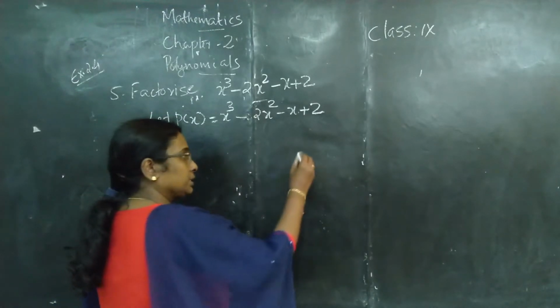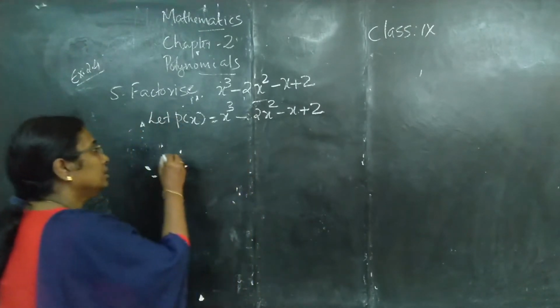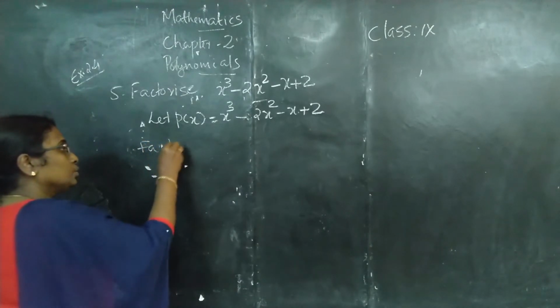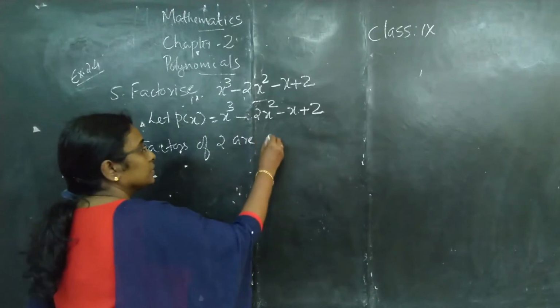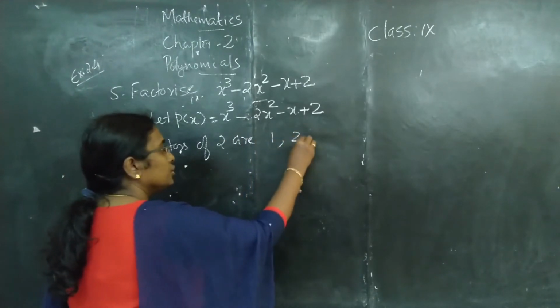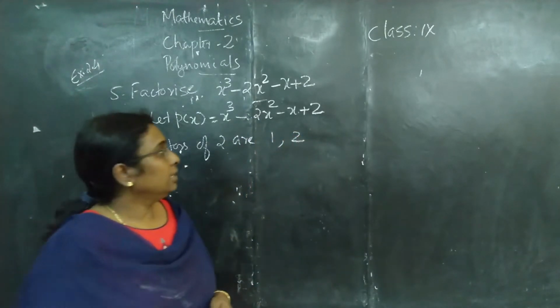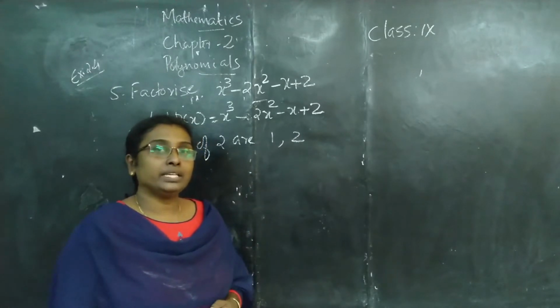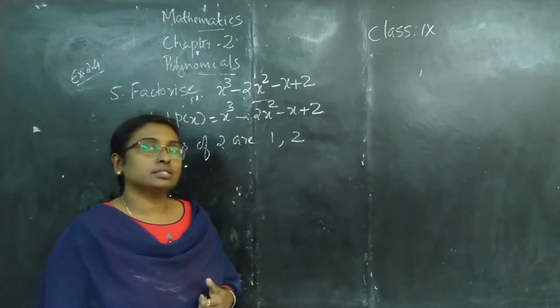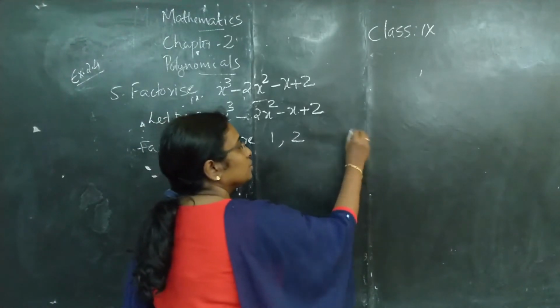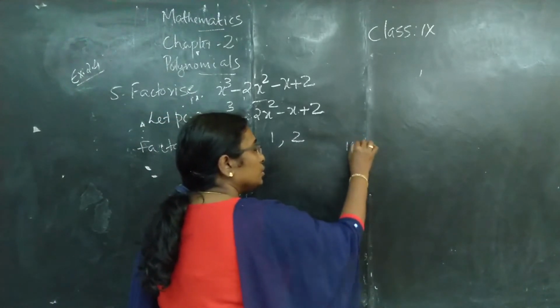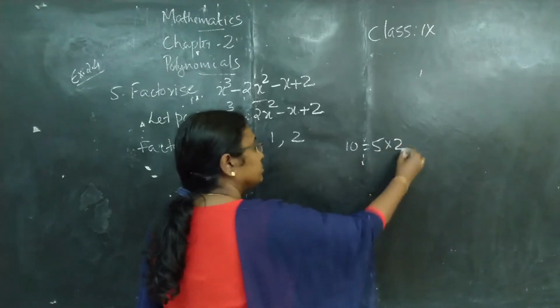We know that the factors of 2 are 1 and 2, isn't it? But minus 1 and minus 2 are also factors. How? Listen here. We know that 10 equals 5 into 2.